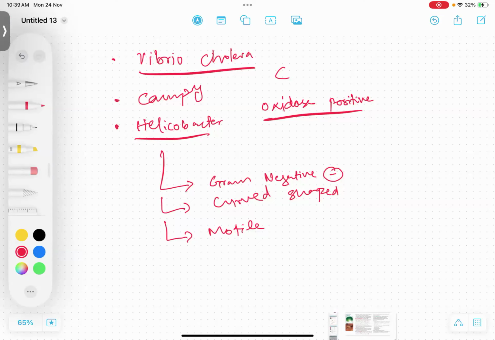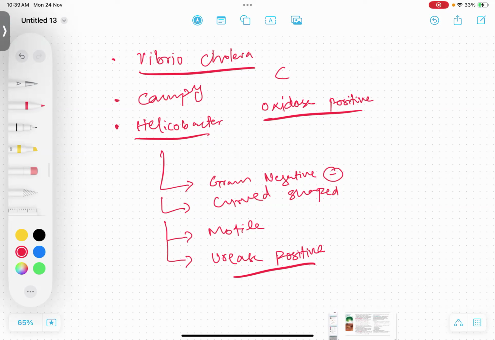Another important characteristic is that it is urease positive. What does the urease enzyme do? It converts urea to ammonia.